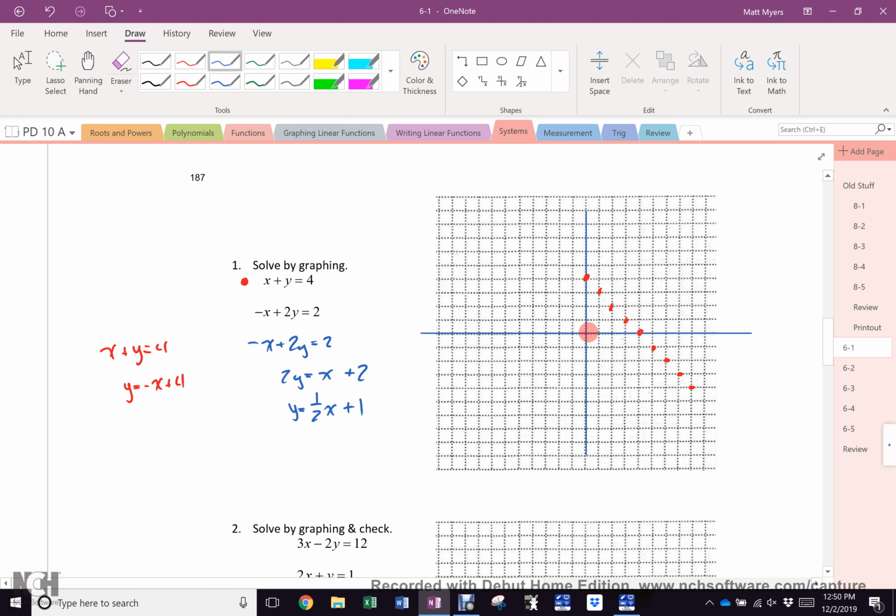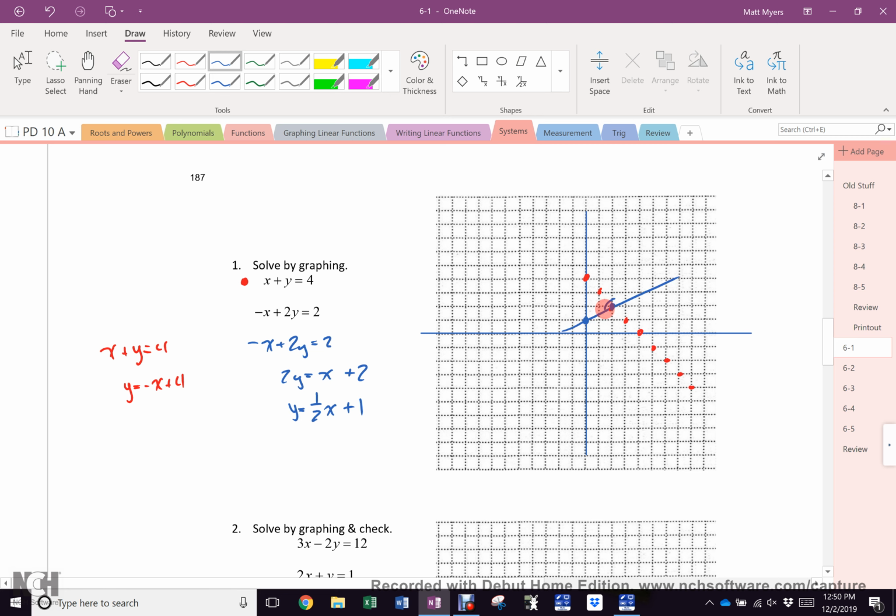So where do I go? And then? Then you go up 1, right 2.